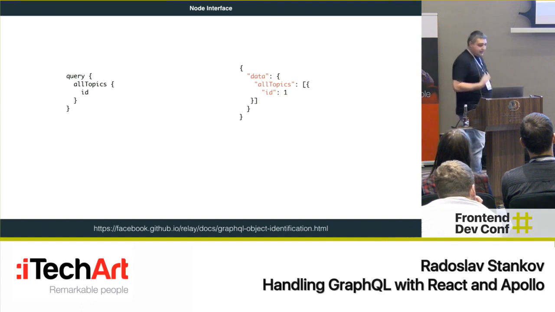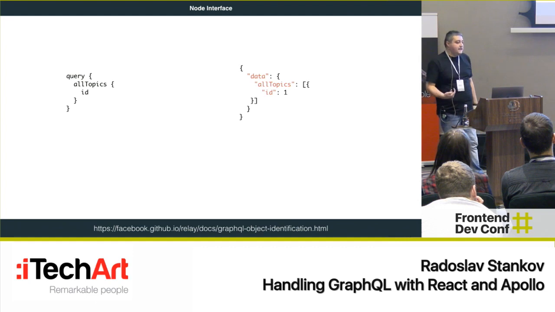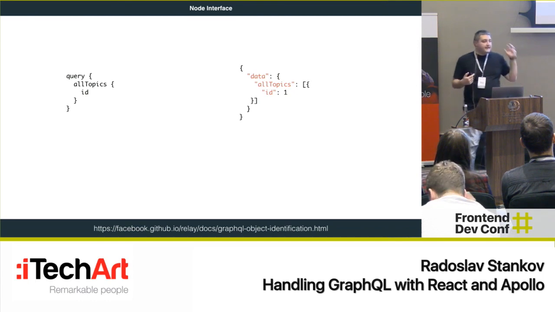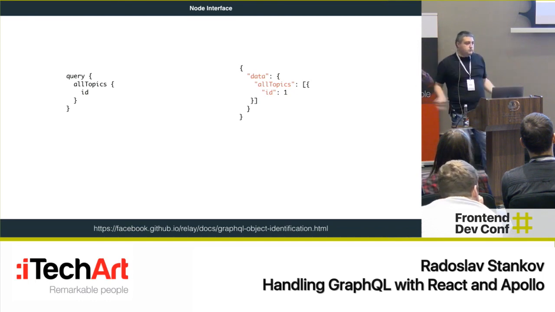So what Relay says for the node interface is, yes, you can have IDs or other identifiers, but they have to be unique across your whole schema. The idea is so you can find every object in your database by just one ID.